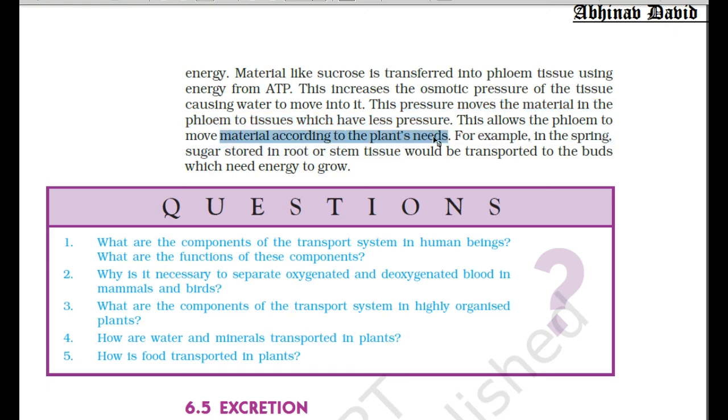It means that it can transport in the downward direction as well as in the upward direction. For example, in the spring, sugar stored in the root or stem would be transported to the buds. Means in the spring season, the sugar stored in the root will be transported in the upward direction because the buds will grow in the upper part of the plant.